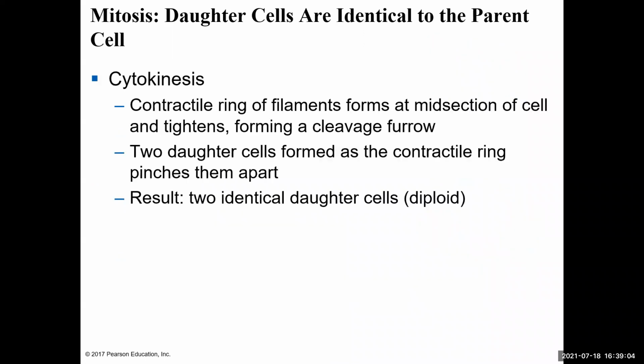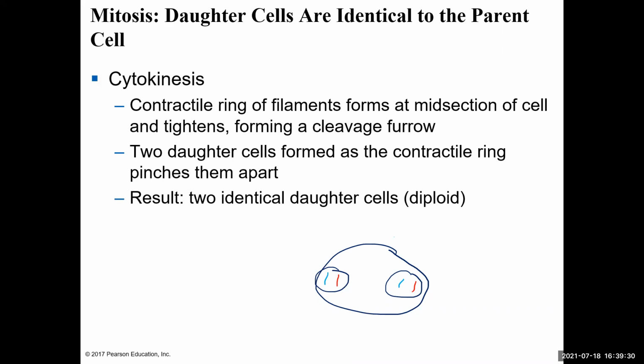Okay, so basically the same structure here, so the same cell structure in telophase, right? But now let's say the nucleus is formed, and we've got our chromosomes, right, in each one.